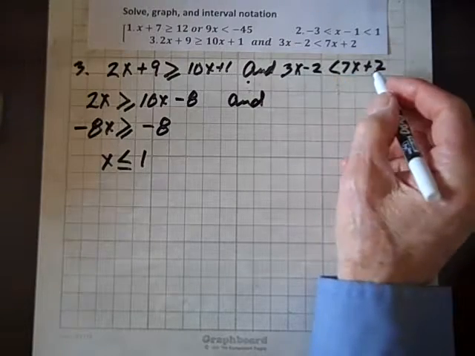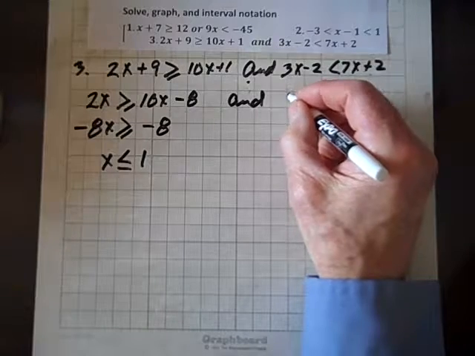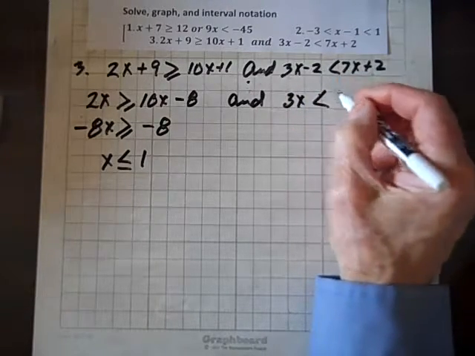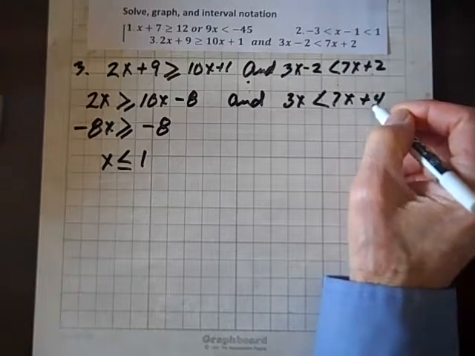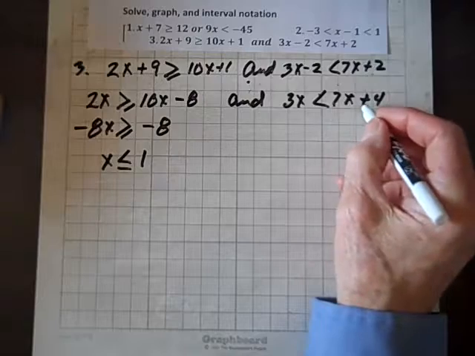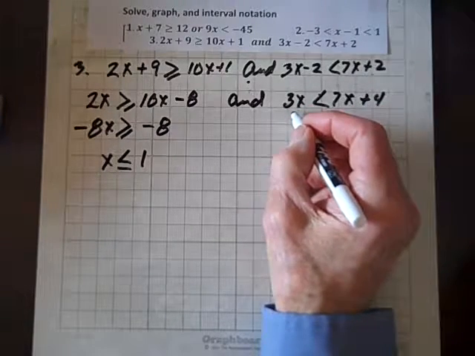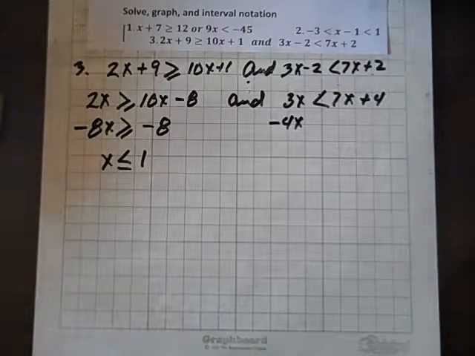Let's see, for this one, let's add 2 to both sides. So we get 3x, and adding 2 to this side, the 2's cancel out. Adding 2 over here, we get 4. Now let's subtract 7x from both sides. So negative 7x plus 3x is going to be a negative 4x.